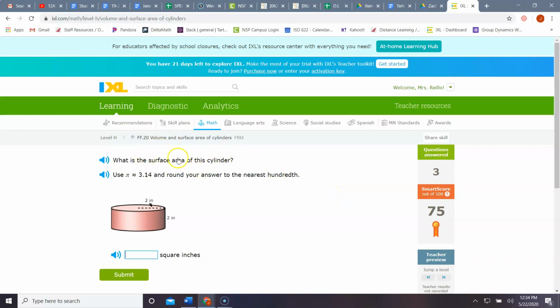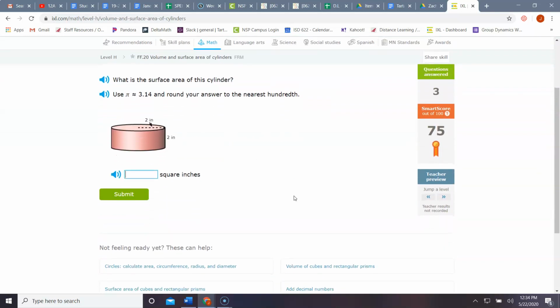Okay, so here's another surface area one. So I would recommend write out your formula first. So have a whiteboard or pieces of paper, something handy, because it will help you keep everything organized.